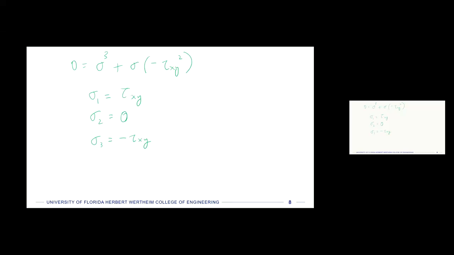The last thing I wanted to cover today is the directions. So these are the magnitudes of the principal normal stresses. But what about the directions? What about the L, M, and N that we had?